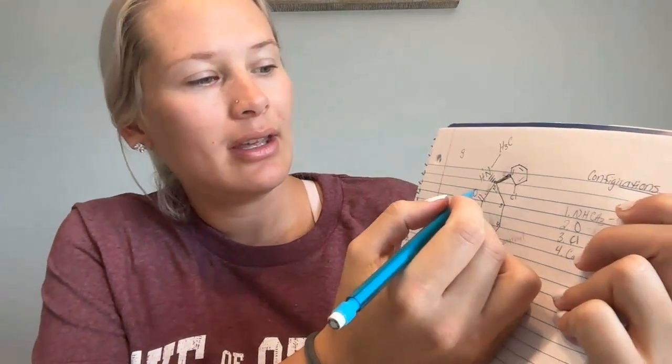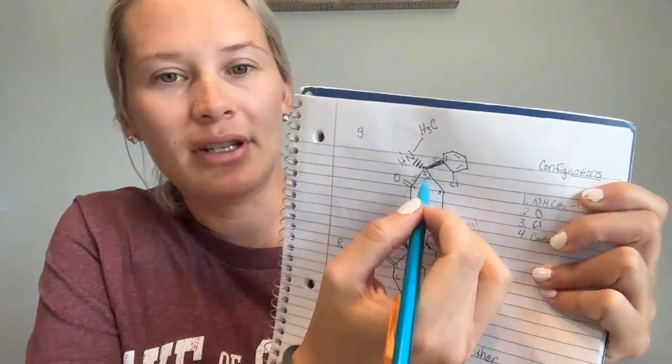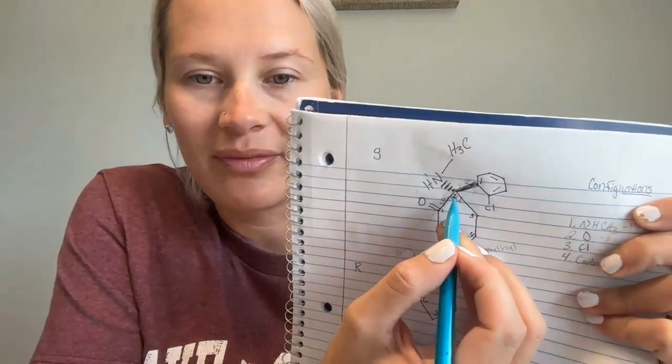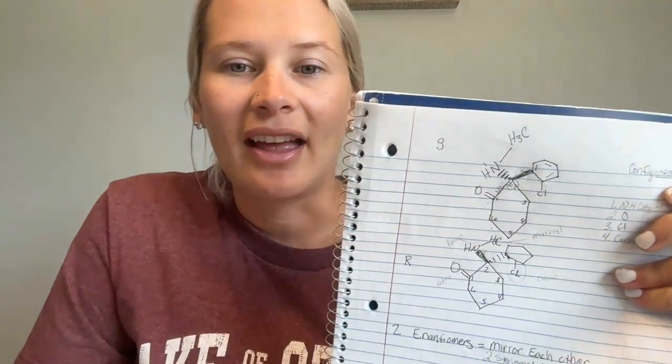So the chiral center is around this carbon 2 right here. Around that chiral center is the double bonded oxygen, the hydrogen, nitrogen with the combination of the H3C, and then chlorine and carbon.